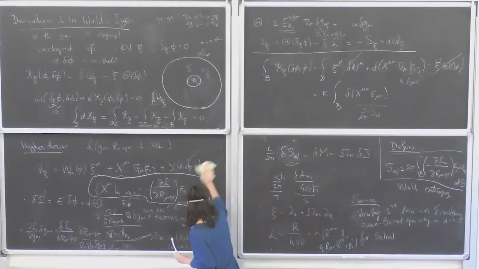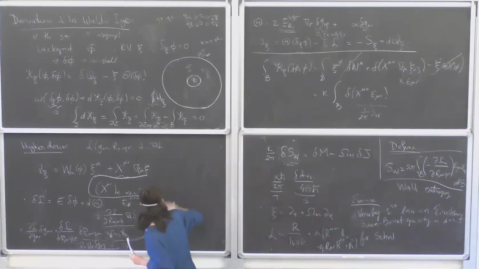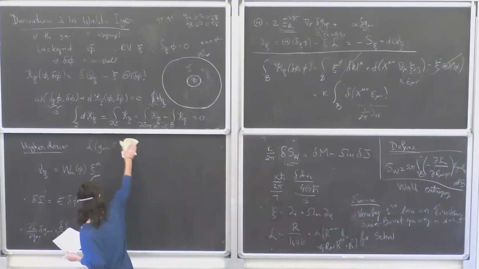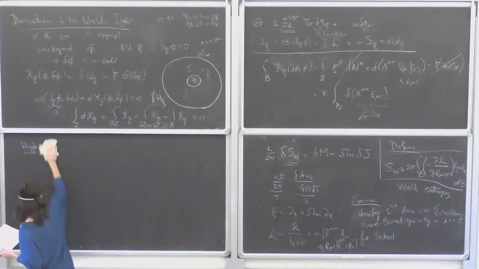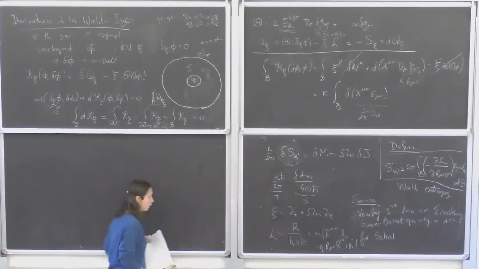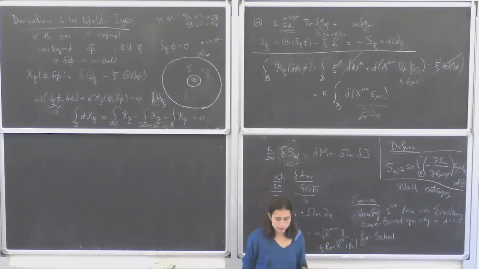Okay, very good. So now we know how to compute the entropy in full generality. And now let's discuss the second law. The second law for the horizon itself basically says that in any classical process, the area of the event horizon increases.